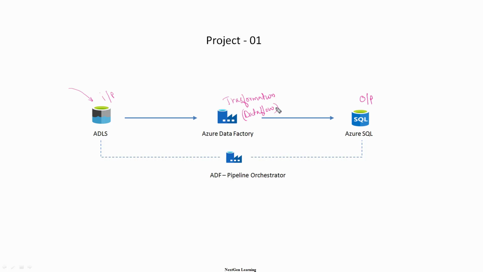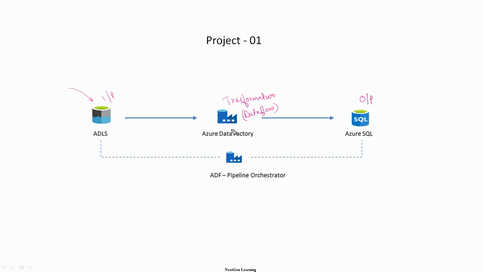So this is our flow, and we call this a data pipeline. A data pipeline is nothing but the series of flow from input to the final processing layer, and this flow can be orchestrated by using Azure Data Factory.